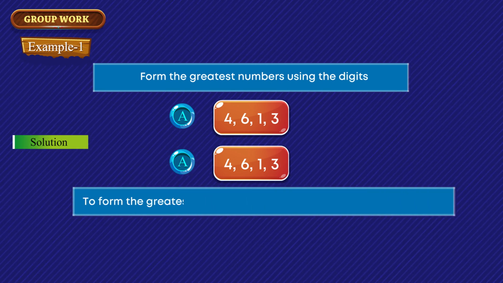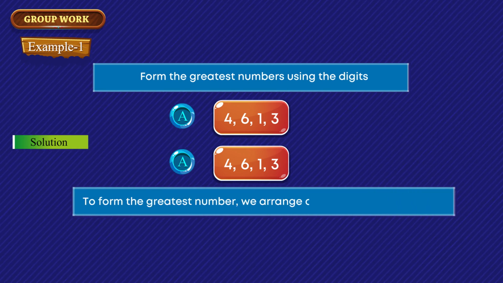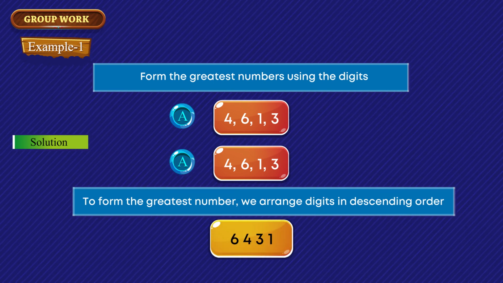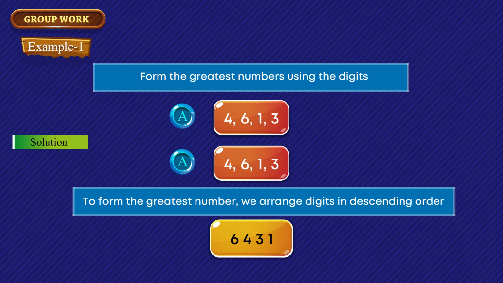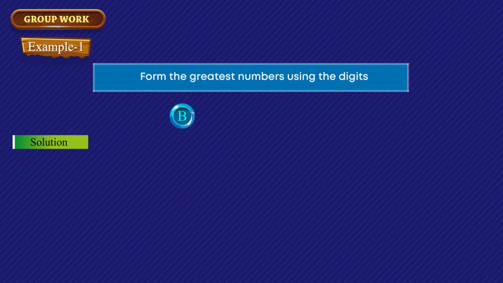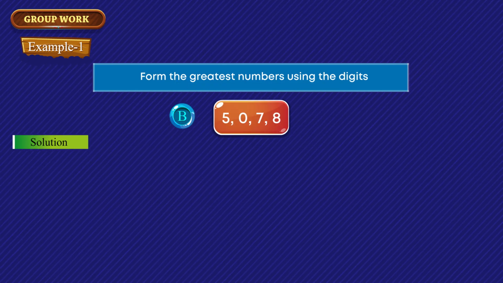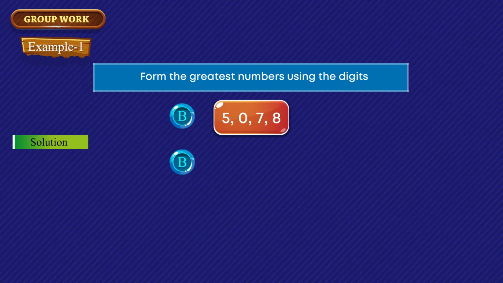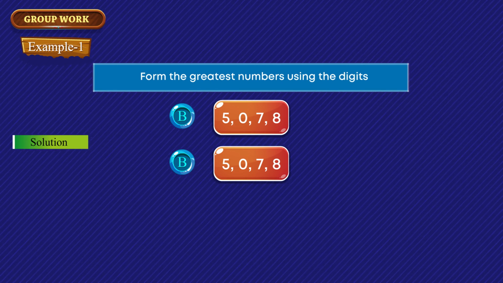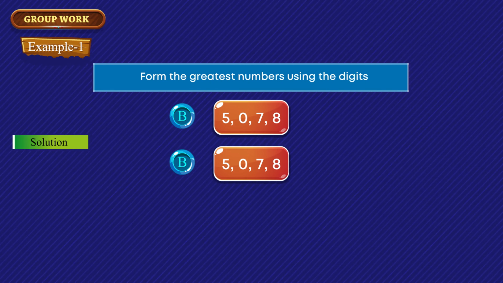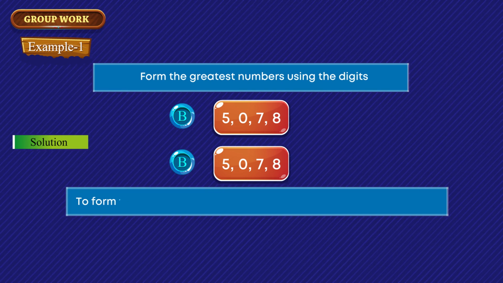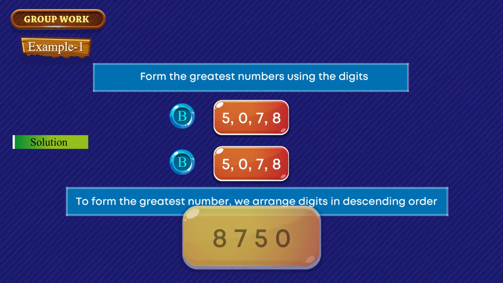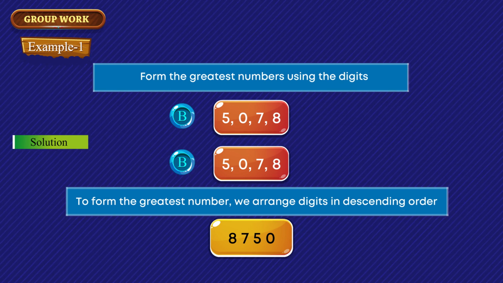To form the greatest number, we arrange digits in descending order: 6431. B. 5, 0, 7, 8. B. 5078. To form the greatest number, we arrange digits in descending order: 8750.